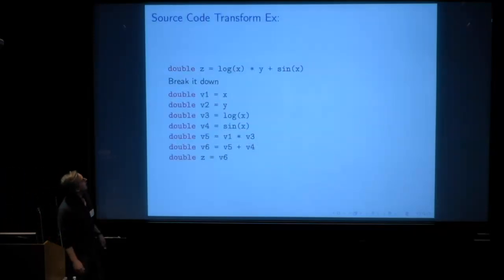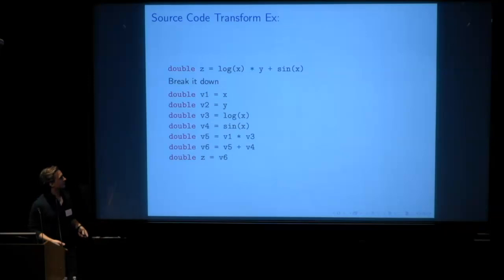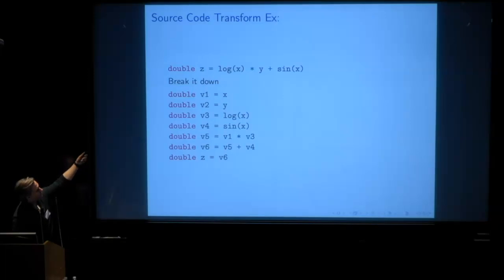So this is an example of doing a source code transformation. I didn't actually write a transpiler because that would be a little bit extra. But you can see that we just write out z equals log of x times y plus sine of x. If we handed this to our transpiler to write out the code to do automatic differentiation, the first thing it would do is literally what we did in our expression graph.